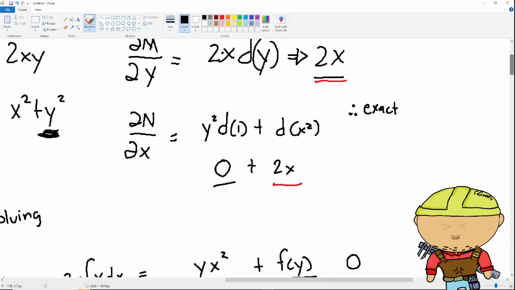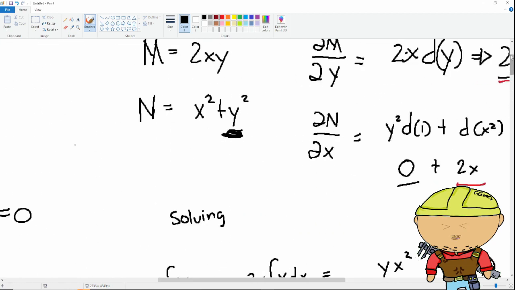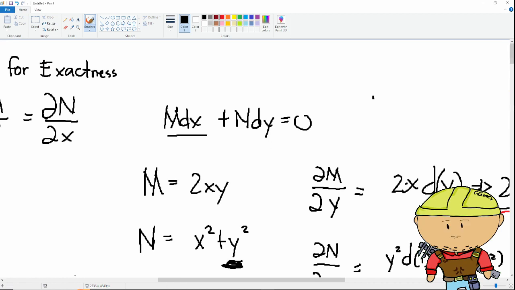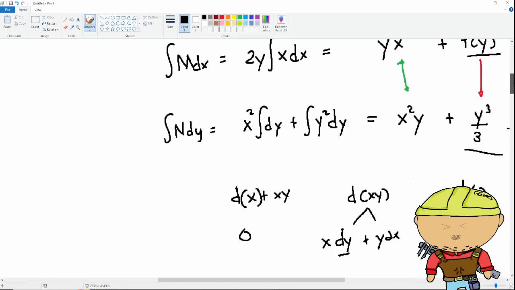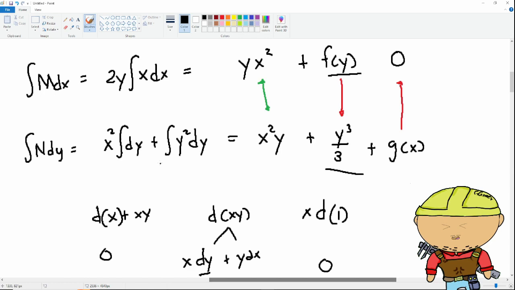So when you differentiate in terms of x, the mdx, the y cube disappeared. But when we differentiated in terms of y, it became y squared.